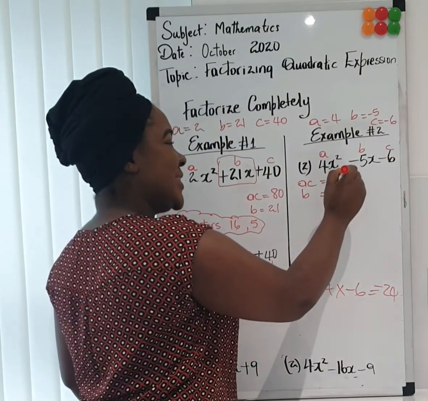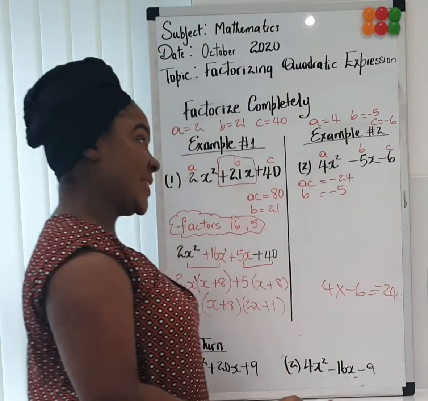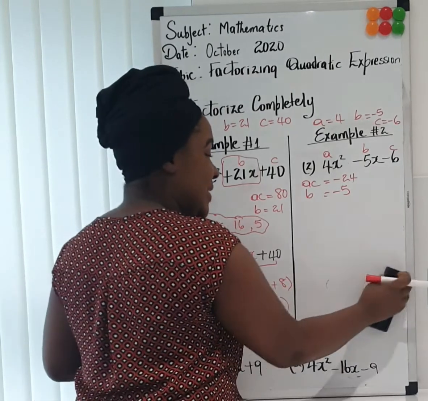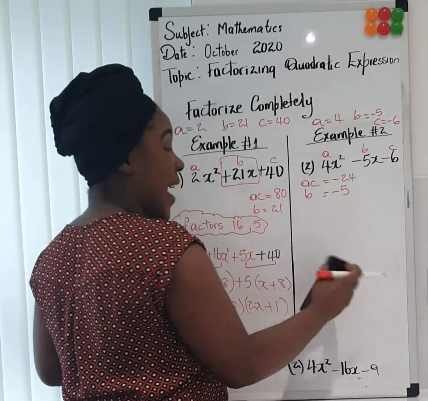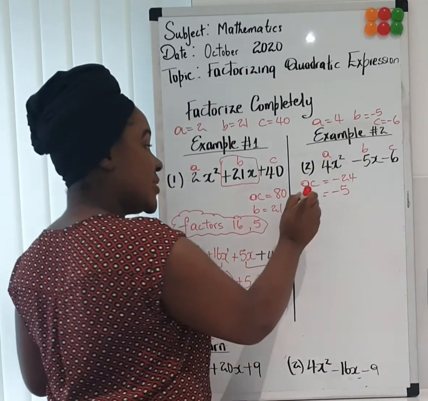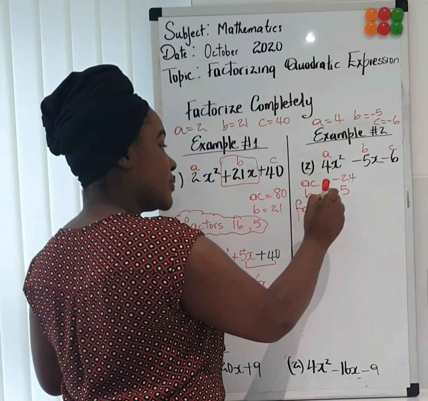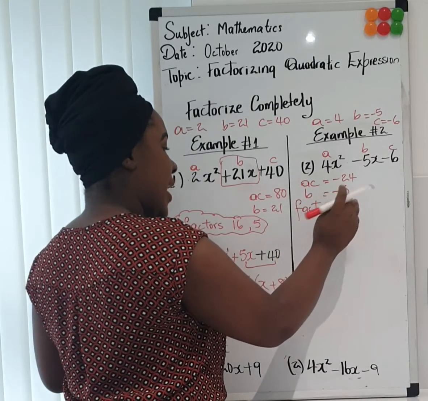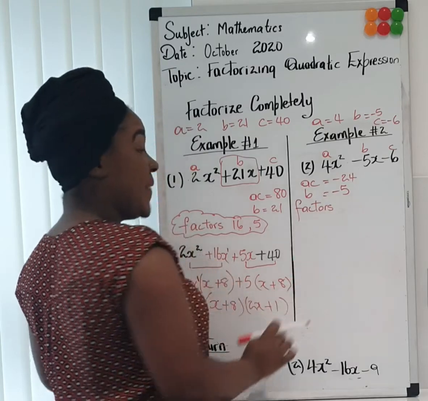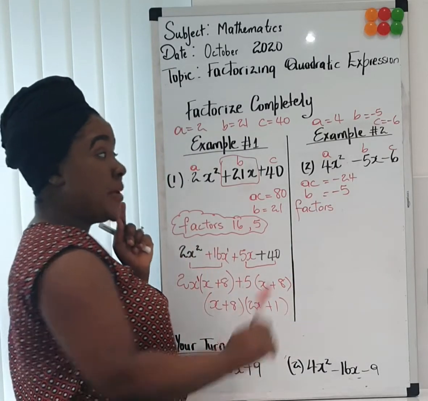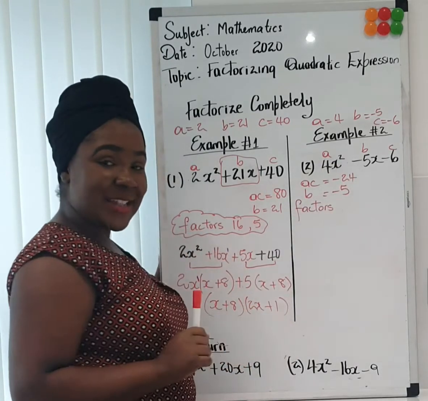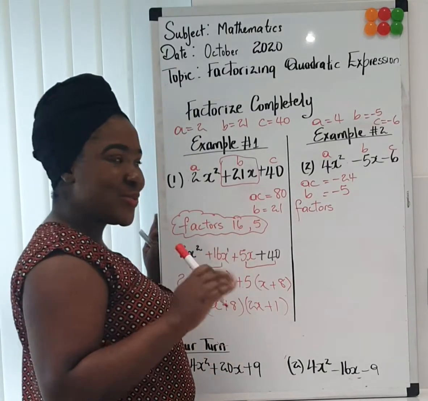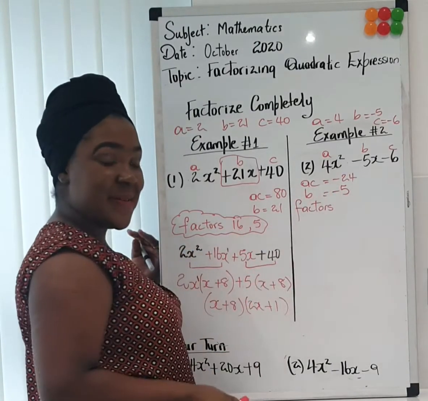So my answer is negative 24 for my AC. Now that I've found my AC and my B, I can go ahead and work out my factors. My factors are two numbers. When I multiply them, I get negative 24. And when I add or subtract them, I get negative 5.